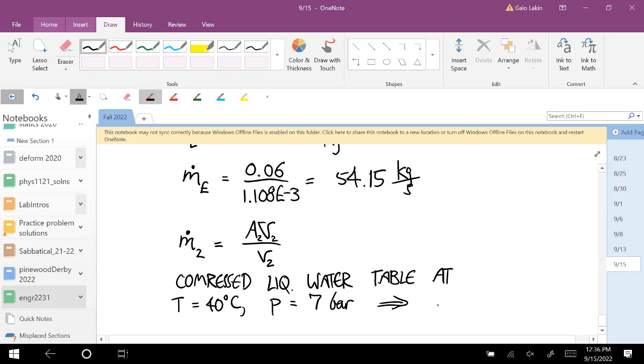And that is 1.0078 times 10 to the minus third. It's lower because it's a lower temperature.